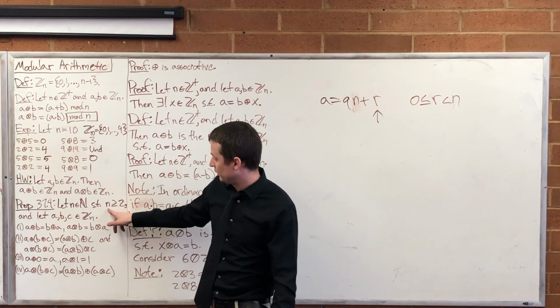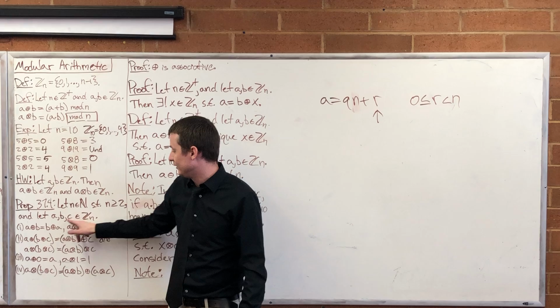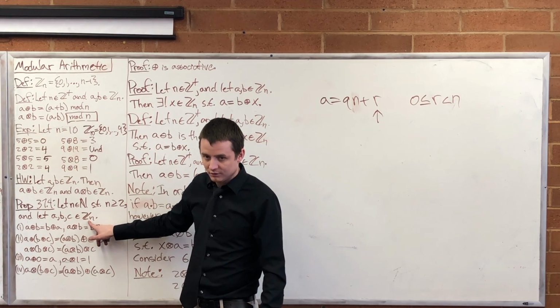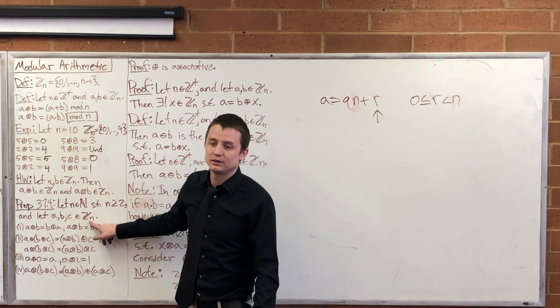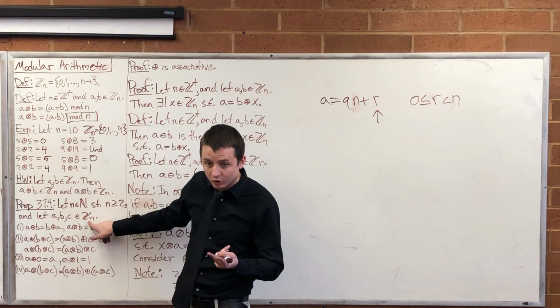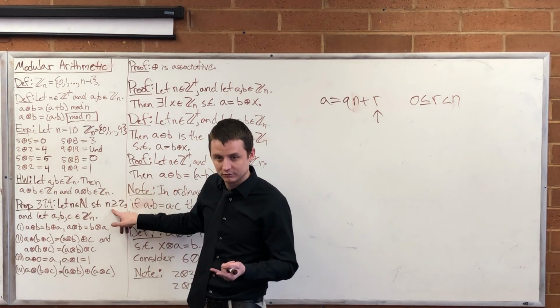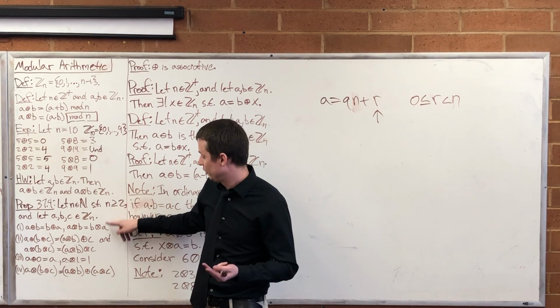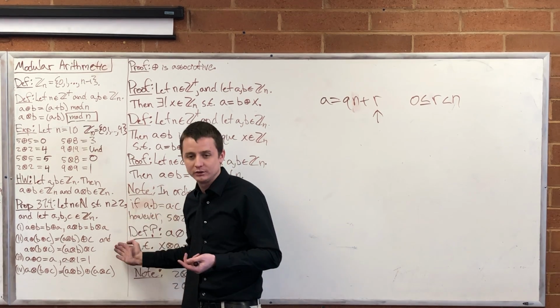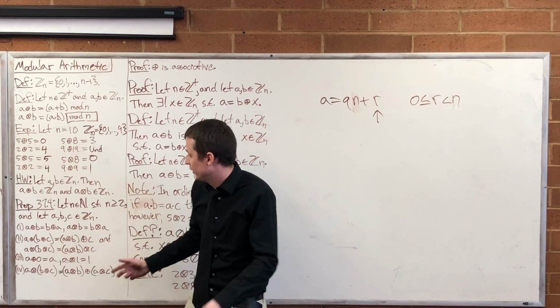You'll see when I list properties. And let A, B, and C be elements of Zn. So what does Zn look like? We don't know, but at the very least, it has 2 elements in there, namely 0 and 1, because n is greater than or equal to 2. The only reason we say that is because now I'm going to specify 0 and 1 down here, and now I know they're elements.